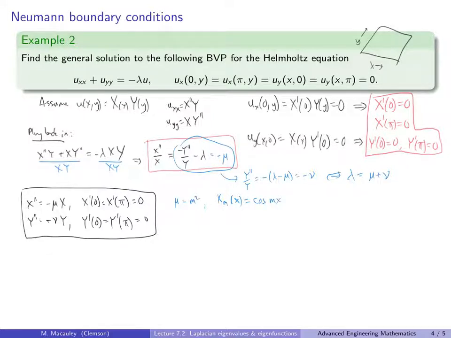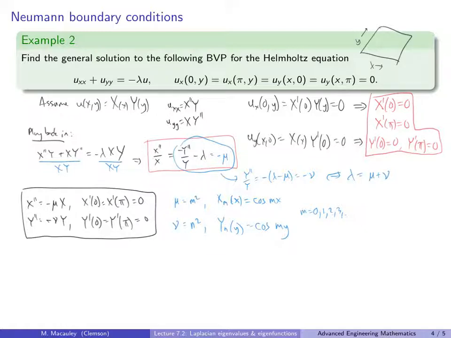Similarly, nu equals n squared, and yn of y equals cosine of ny. And both of these hold for m and n equal to possibly 0, 1, 2, 3, etc.